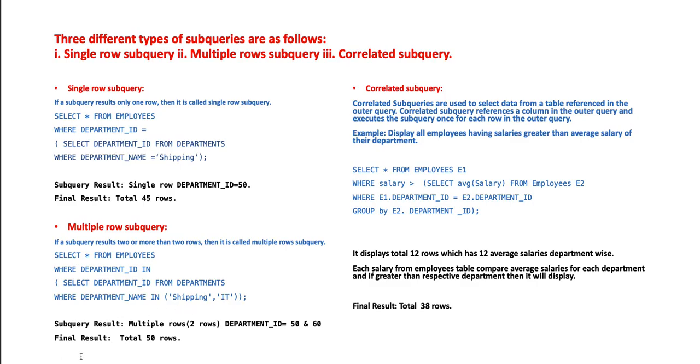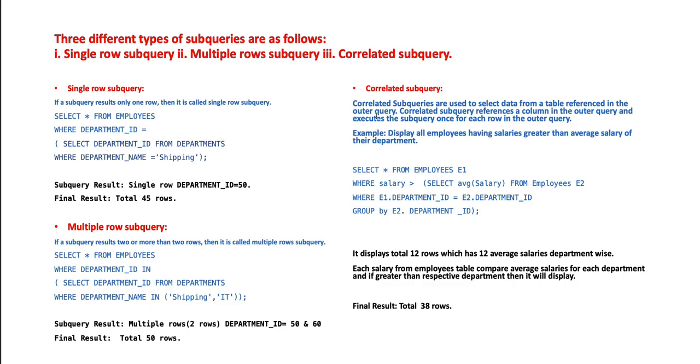And the final result contains 50 rows. That means the subquery results more than one row. In this example, it results 2 rows. One is shipping, department ID 50, another one is IT, department ID 60.